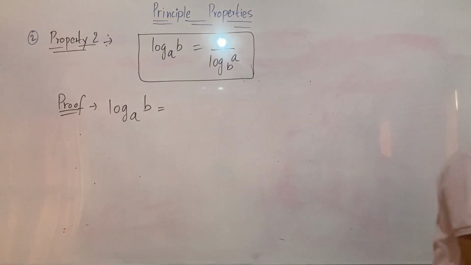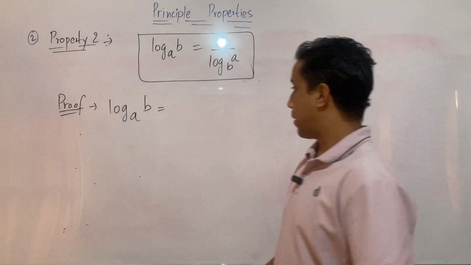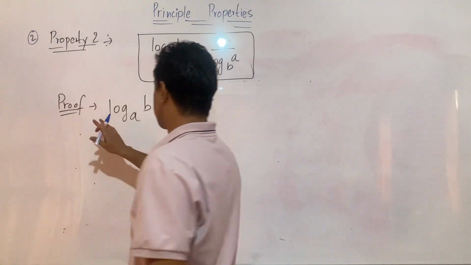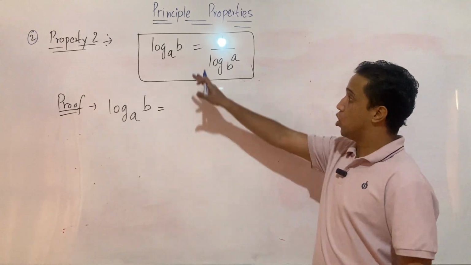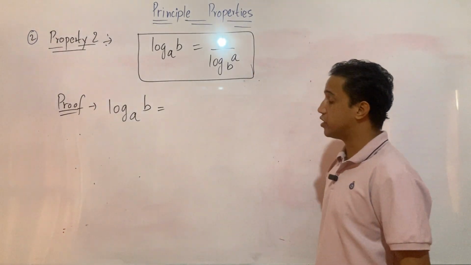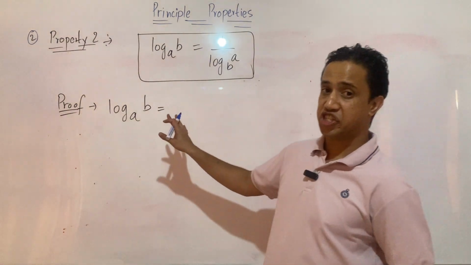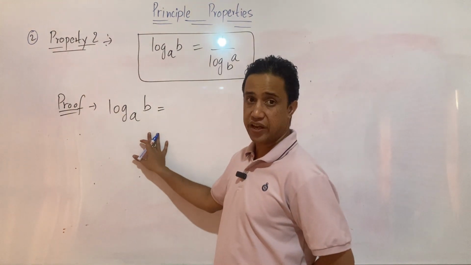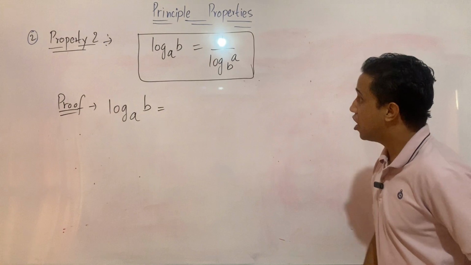Now what I will do here is, now see here, this is log of b to the base a, which is the left hand side of this property. Now here, I'm just going to change the base.